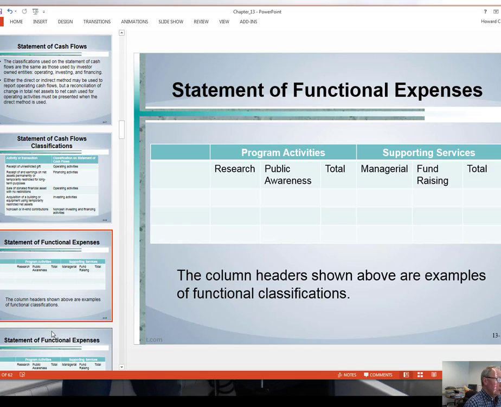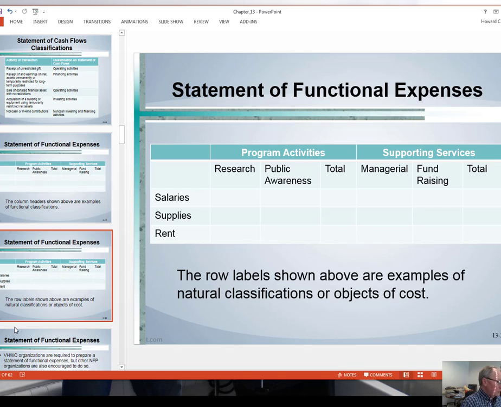Services are only counted as contributions and recorded as revenues when they are specialized, like an attorney, accountant, computer programmer, or nurse, and you would have to incur them anyway. If it's just basic time that people contribute, we might track it, but we don't recognize it as a formalized contribution.